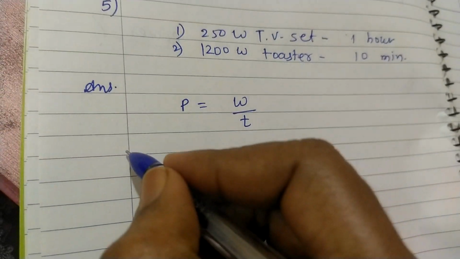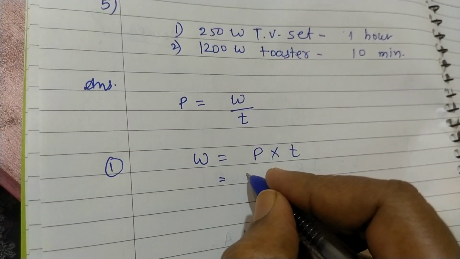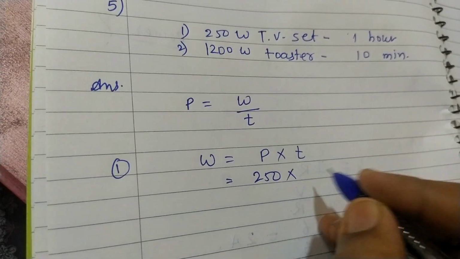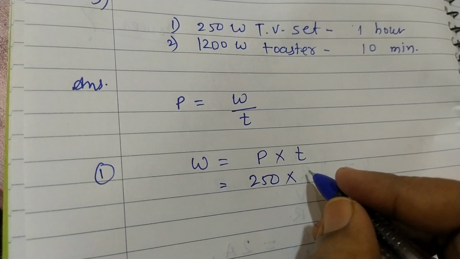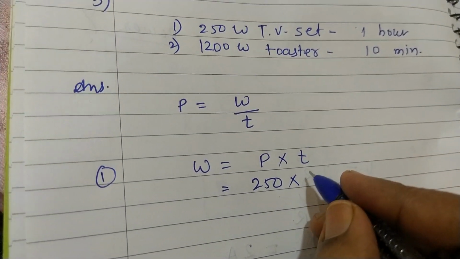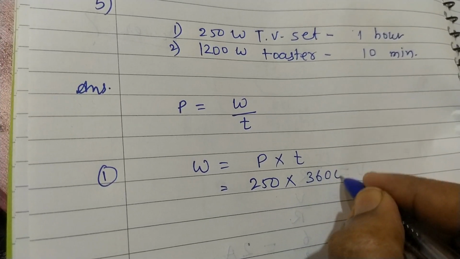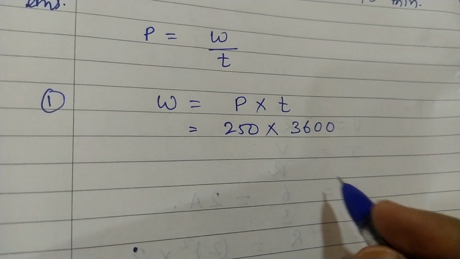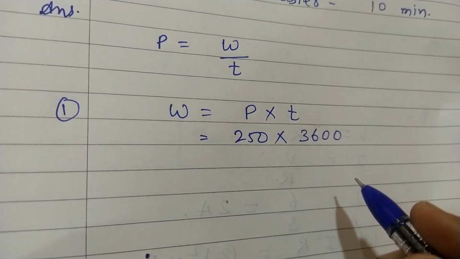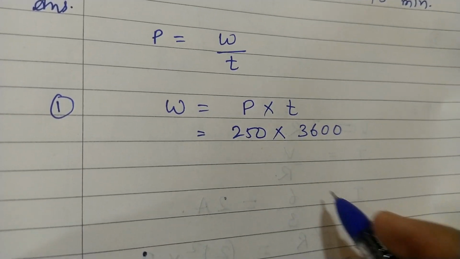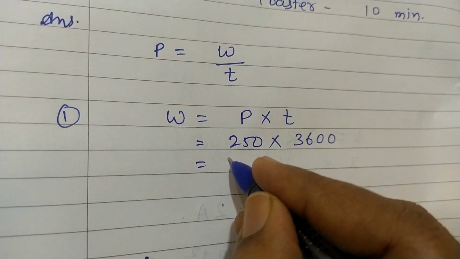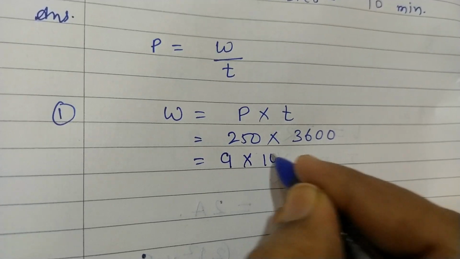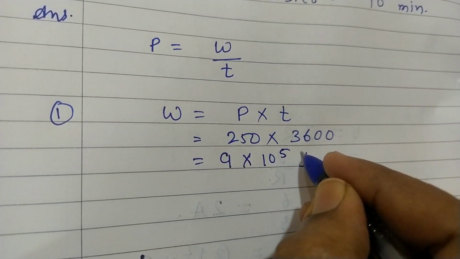Here power in first case is 250 watt. So what time will we take? 1 hour? No, we have to convert it into seconds. 3600 seconds, 60 into 60. 60 minutes multiplied by 60 seconds in 1 hour. So it becomes 9 multiplied by 10 raised to 5 joule.